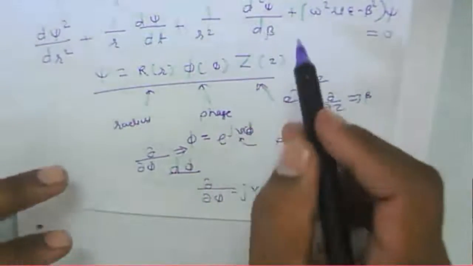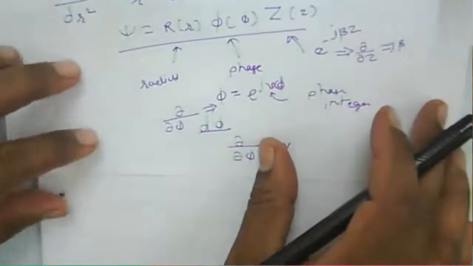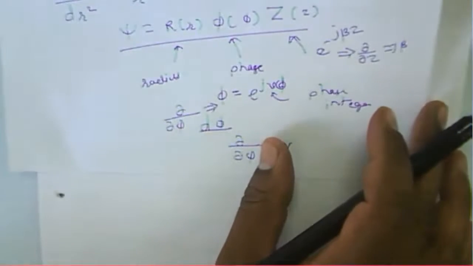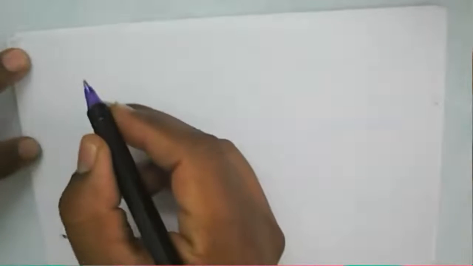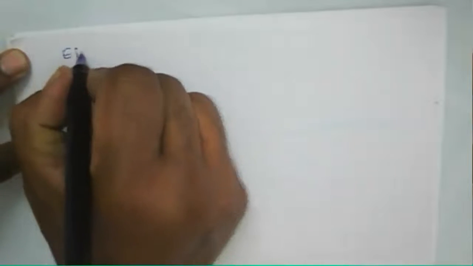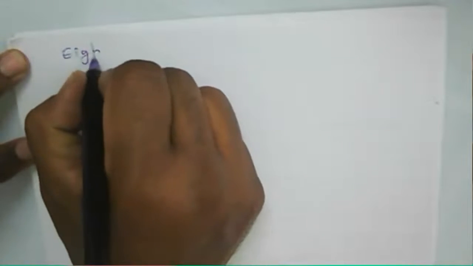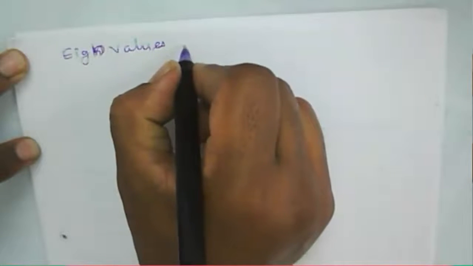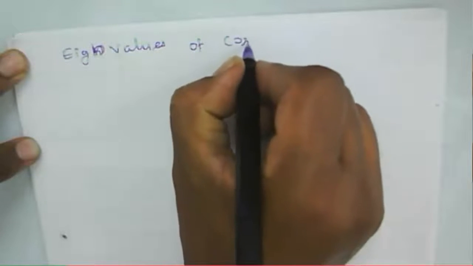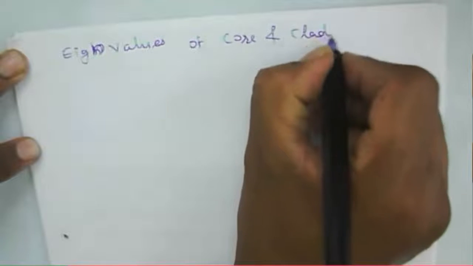If you solve this particular equation, we can find out the eigenvalues for the core and cladding of the fiber, and those values depend upon the radius of the fiber. I'll just write directly here: eigenvalues of core and cladding.